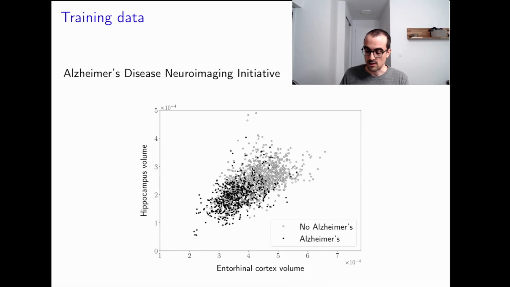So how are we going to try to diagnose Alzheimer's disease? We're going to look at the volume of the hippocampus, which can be obtained by segmenting the MRI. You process the MRI, find the hippocampus, and see how big it is. An important part is that you then divide by the whole volume of the head of the person.